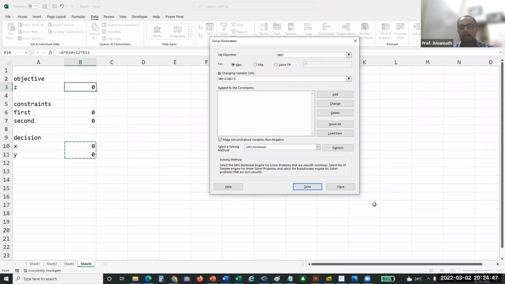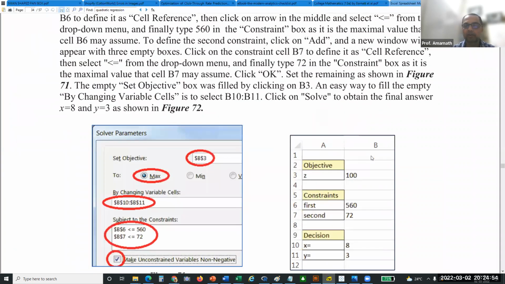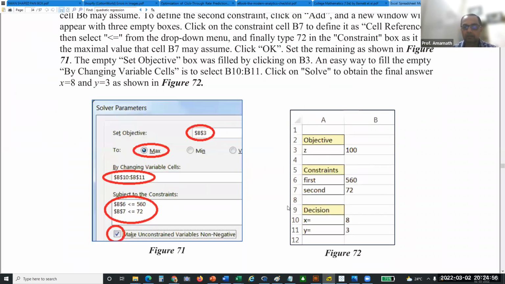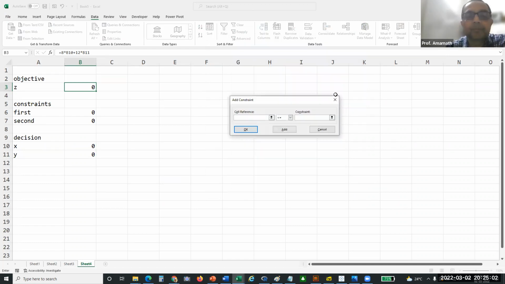Now I have to add. So how to add that thing? What we have to find it out. B6 is less than or equal to 560. I press add here. So cell reference B6. So I have all the things.